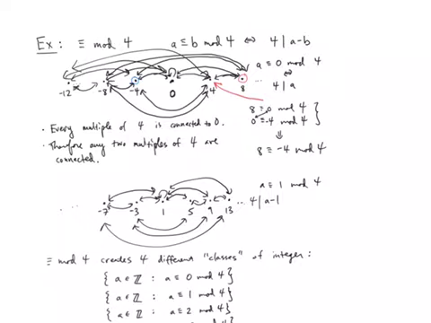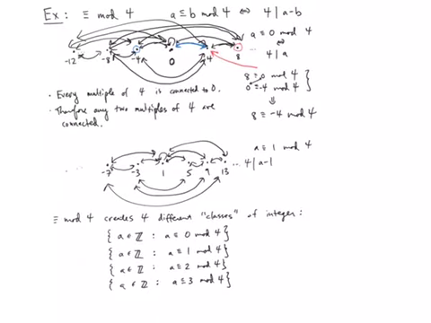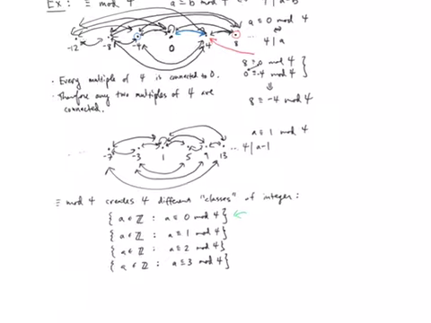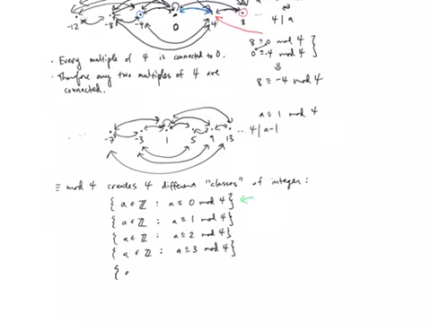But then you could follow this arrow here that connects 4 to 0, and that would mean that whatever this integer was that was connected to 4 has to be connected to 0 as well. So it would have to actually be in this first set here. So if we tried to look at all of the a in Z that were equivalent to 4 mod 4, we would just arrive back at our first set here.